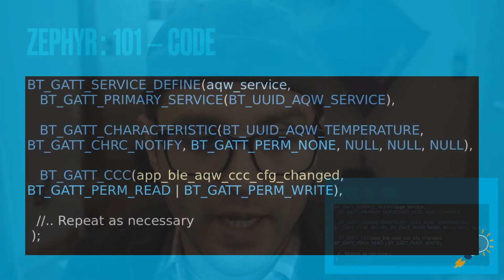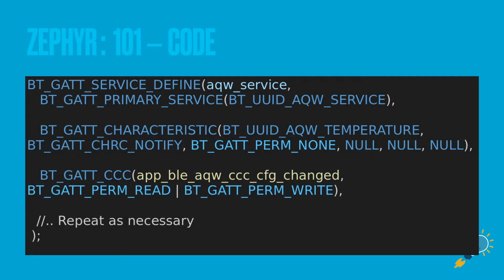And then for notifications, there's a separate CCC characteristic that you're basically setting a bit on, and you're allowing it. You're saying, hey, I want to listen to any changes in this value, and it says okay, and then that's set up so you can push to it, and it'll notify the connected device. So without that, you can't have any type of notification. So it's definitely something you need for this.